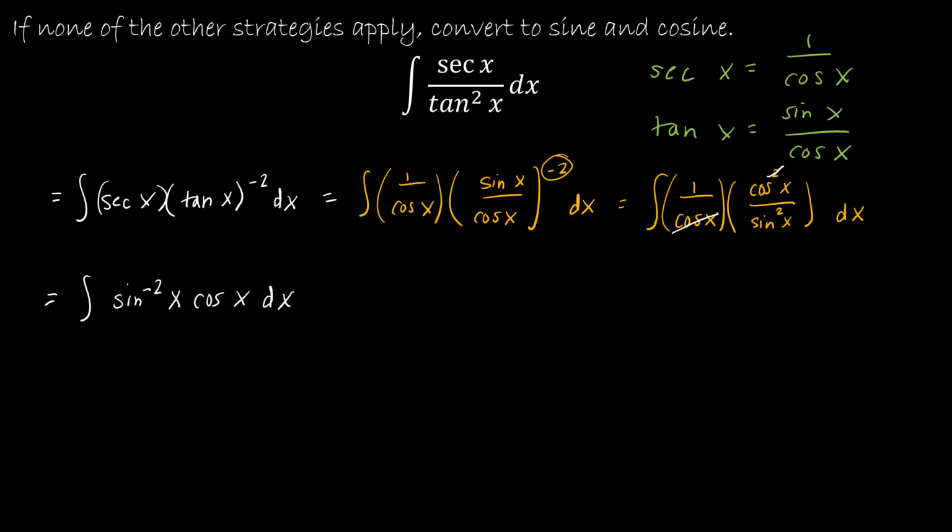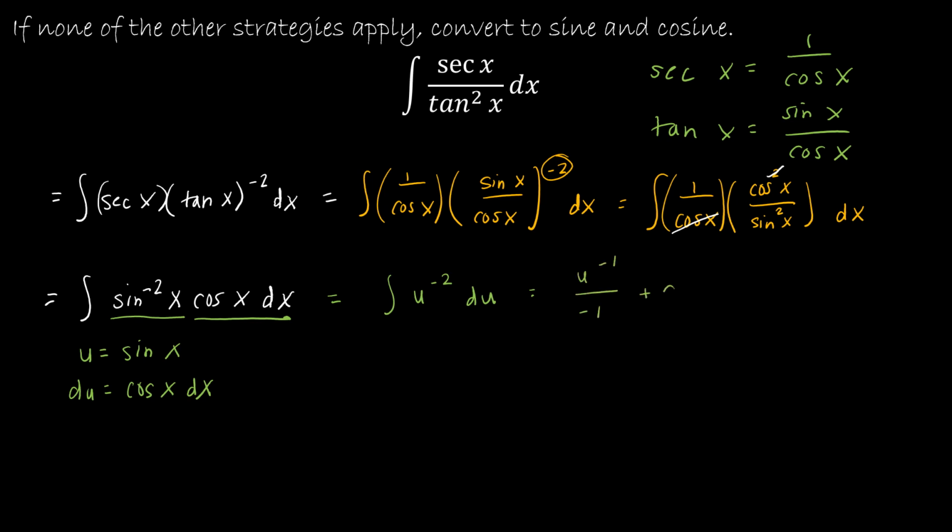And again, I wrote it in that order because I'm going to let u equal sine of x, which means du, the derivative of sine of x, is cosine of x dx. So I can rewrite sine to the negative second of x as u to the negative 2, and cosine of x dx as du. Which means when I integrate, I get u to the negative 1 over negative 1 plus c.